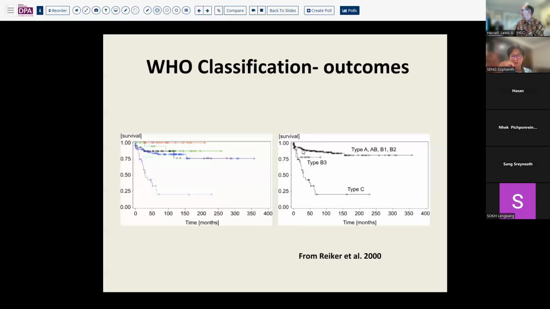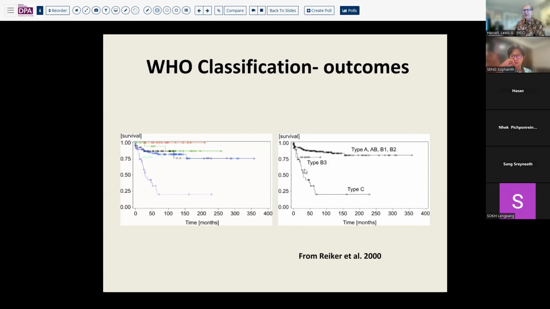Because in reality, if we group all of these low-grade, well-differentiated types, in other words, from Schuster and Moran, they have 90% survival at more than 10 years. Whereas B3s and type Cs are going to have more dire prognoses.